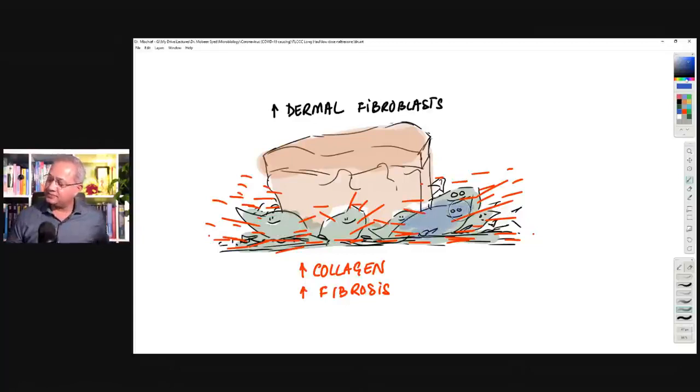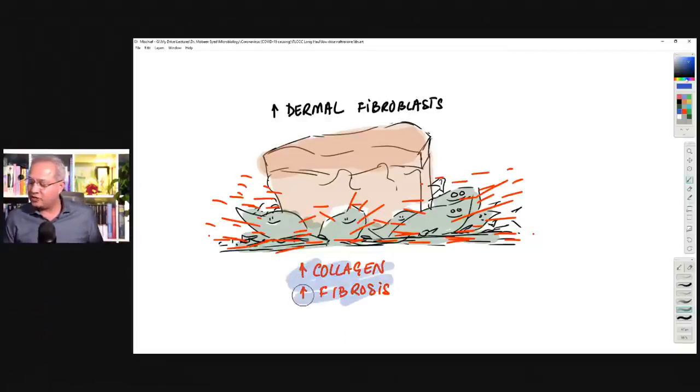Interleukin 6 triggers the fibroblasts, increases them, proliferates them, makes them active. The result is they start making a lot of collagen. That lots of collagen starts getting deposited under the skin. That would cause rough skin, less functional skin, and thickening of the skin.